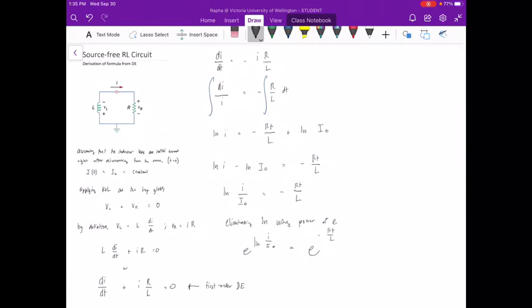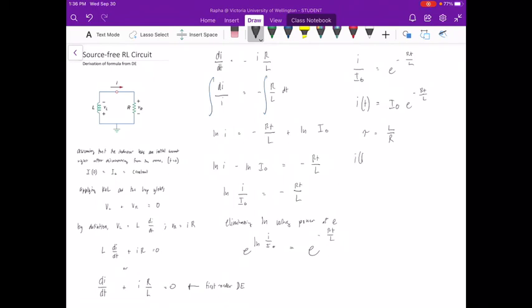Continuing the solution over here, we have I over I0 is equal to e to the negative Rt over L. And then our I as a function of t is equal to I0 e to the power of negative Rt over L. But our time constant tau is equal to L over R, and this therefore simplifies the form of the formula.